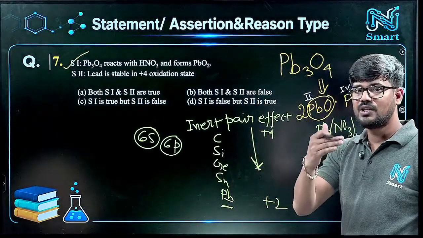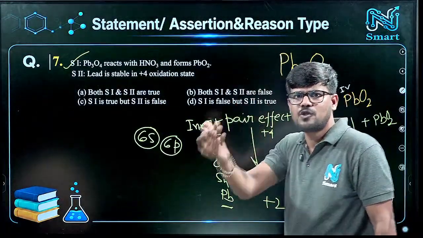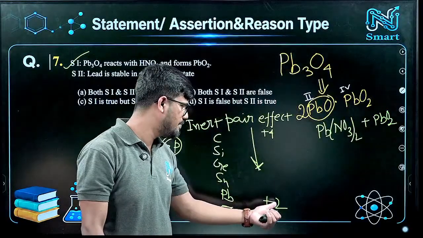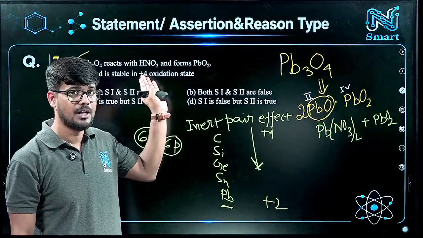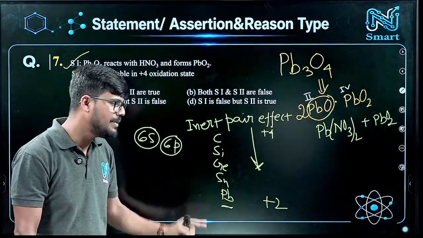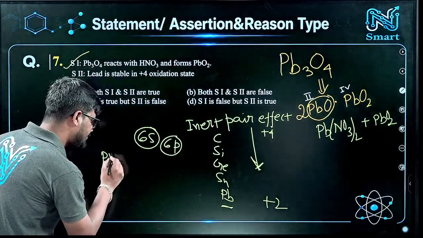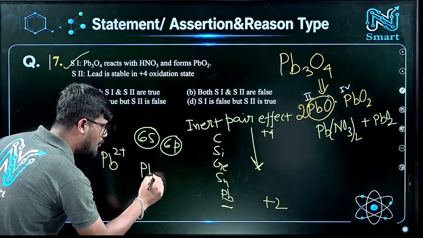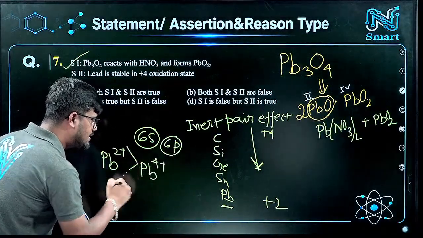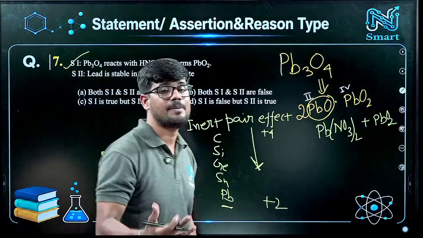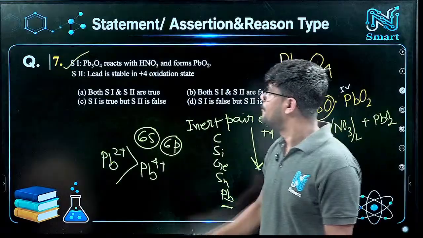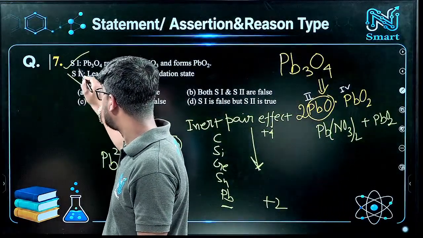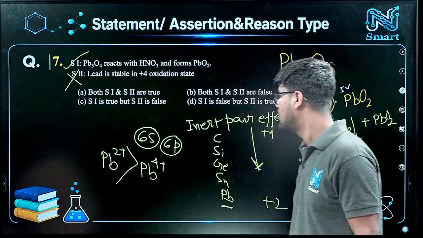Now, is the +4 oxidation state possible or not? Yes, +4 is possible, but that is not stable. If you compare the stability of Pb2+ and Pb4+, I'll say Pb2+ is more stable than Pb4+ because of this inert pair effect. So the first statement is correct, but the second statement is wrong.